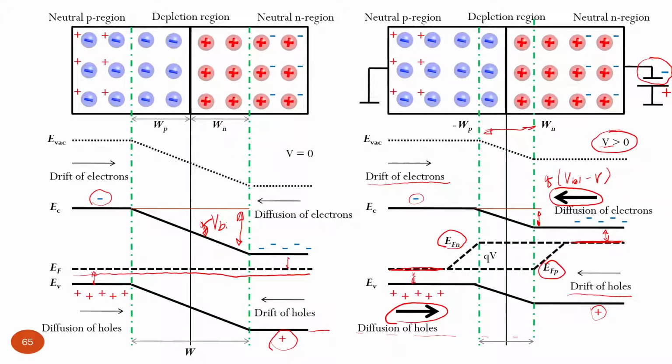The shift between them, in other words the splitting between quasi-Fermi levels in the p-n junction, will be equal to q times V, the applied bias. That happens because we lifted up this right side of the band diagram by applying negative potential. So we increase potential energy of electrons. These guys are going up by a distance which is qV.